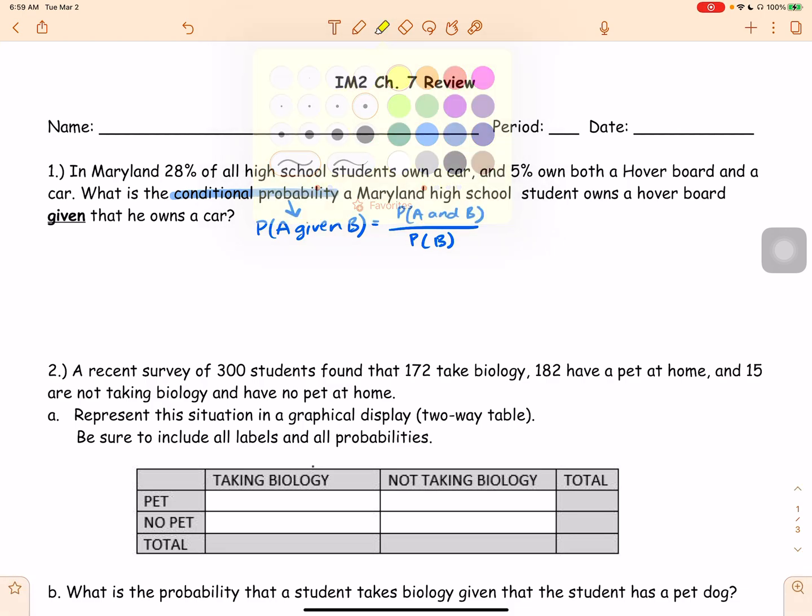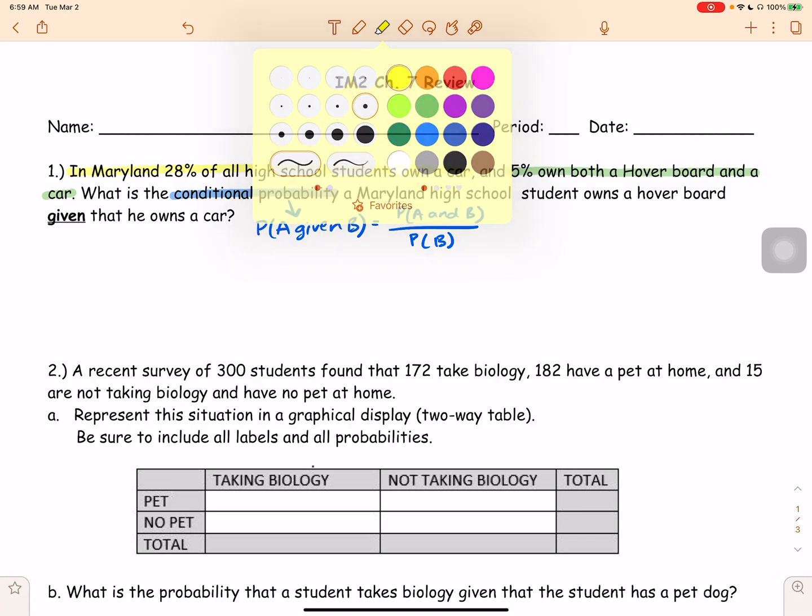So in this case, we have in Maryland, 28% of all high school students own a car, and 5% own both a hoverboard and a car, okay?